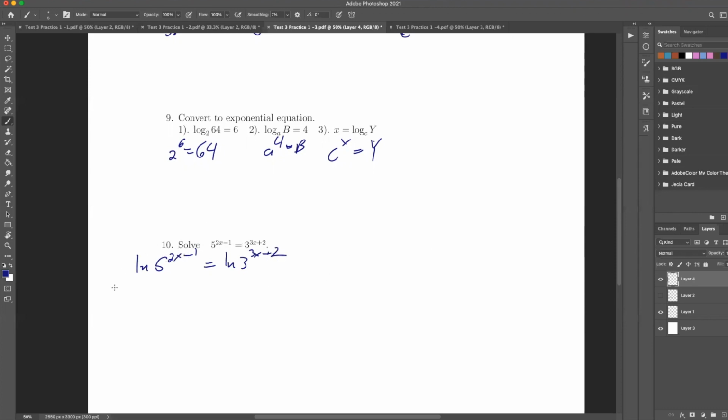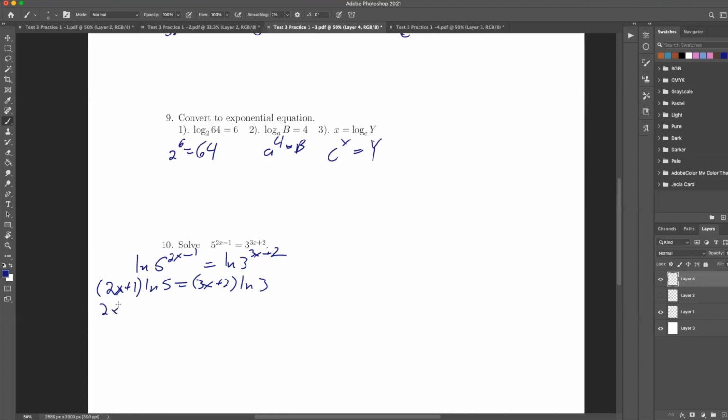So we can pull this out. So powers become multiplication. 3x plus 2 ln of 3. So here we have powers become multiplication. Then we just distribute.